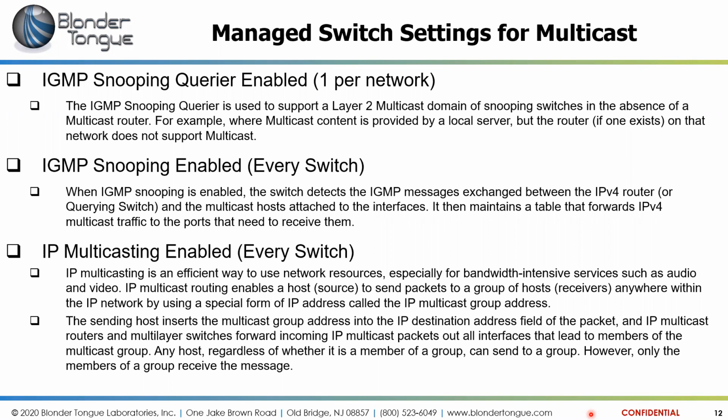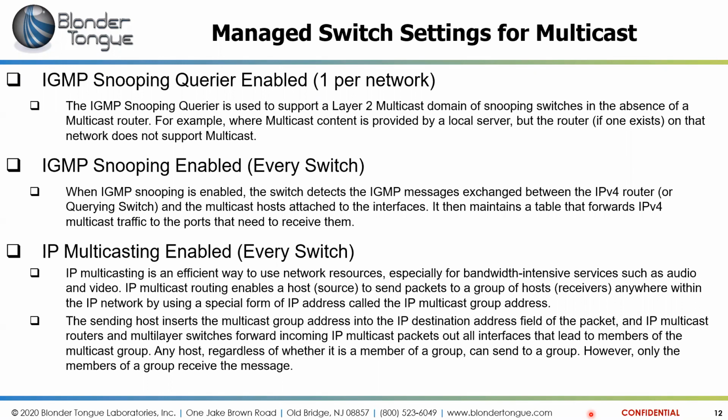So the sending host inserts the multicast group address in the destination field, and IP multicast routers, with multicast enabled, routers and multilayer switches forward the incoming packets to all interfaces that lead to members of the multicast group. Any host, regardless of whether it's a member of a group, can send to a group.